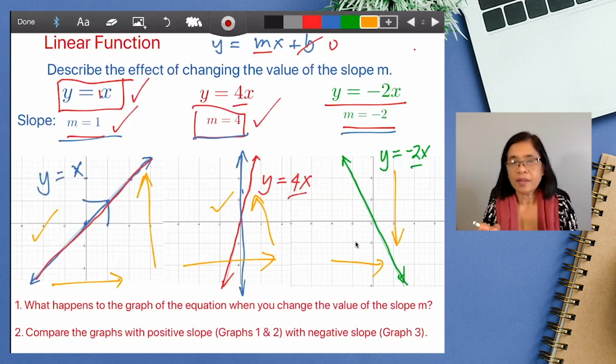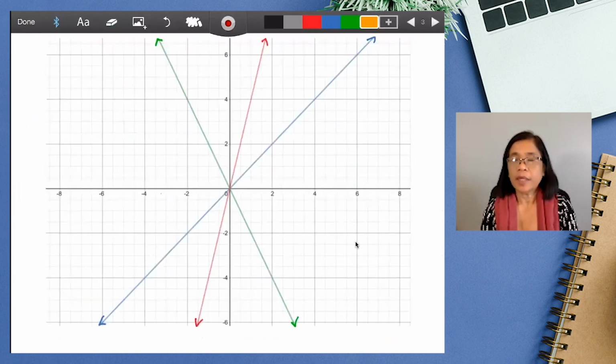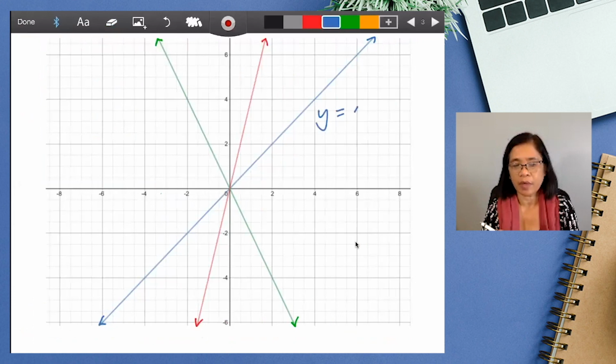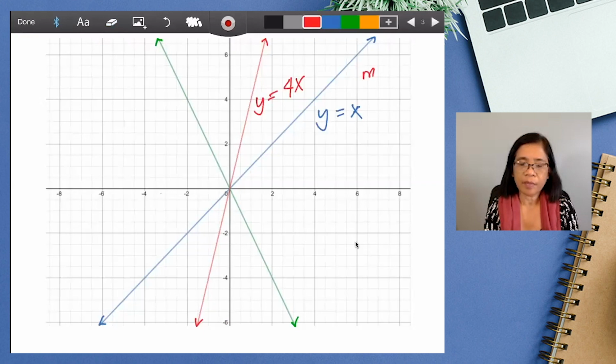Then let's move on by graphing all these three lines in one coordinate plane. So going back, this blue line in the previous slide is y equals x. Then the red line, y is equal to 4x. Notice the effect. When we changed the value of m from 1 to 4, this line moves closer to the y-axis.